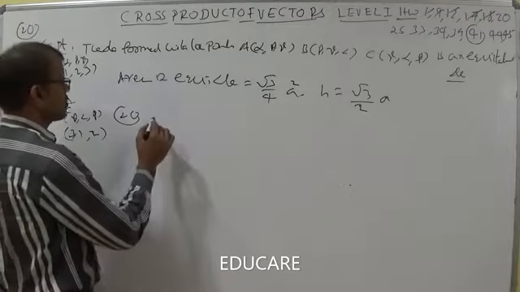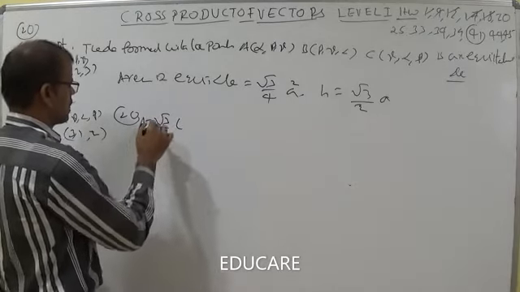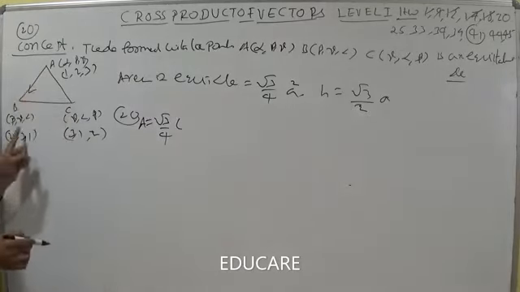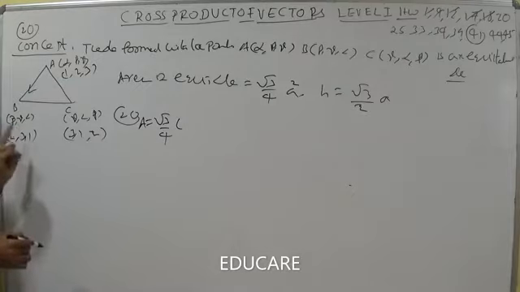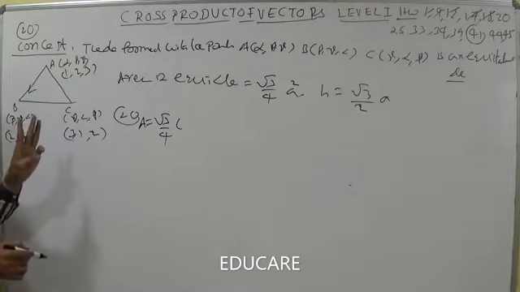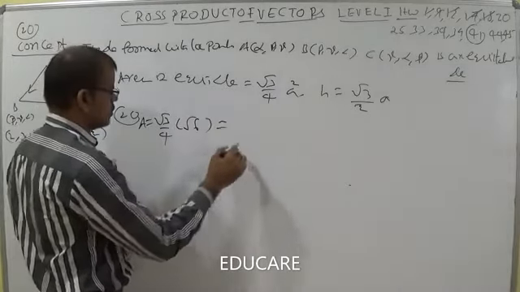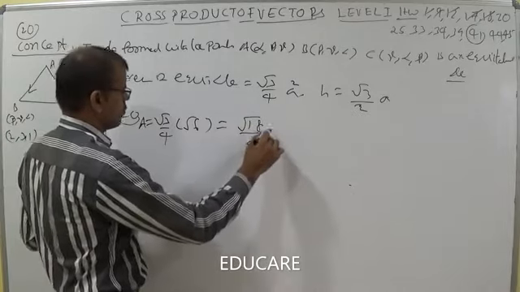Easily you can calculate: root 3 by 4 into A square is the area, where A is the distance AB. That is (2 minus 1) whole square, 1, plus (3 minus 2) whole square, 1. So 1 plus 1, and (3 minus 1) whole square, 4. 1 plus 4 gives root 6. So you can write this as root 18 by 4.